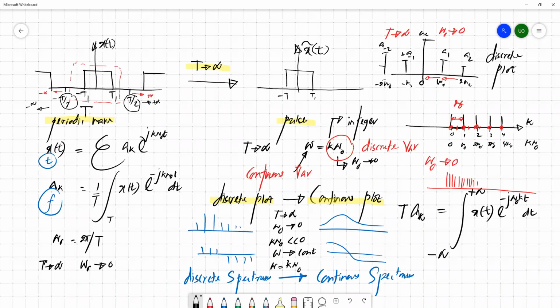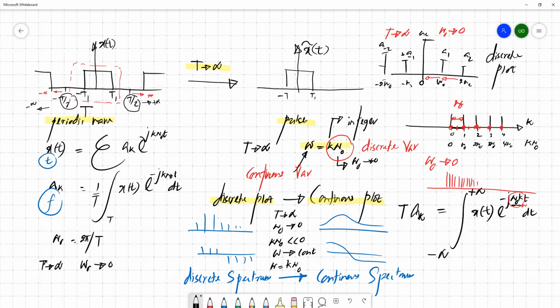So if you simply integrate it over the period, now this period would be infinite. So the lower and upper limit of the integral would be minus infinity and plus infinity. So x is there. What happens to this quantity, k omega naught? With this substitution, we can simply claim that this becomes omega.